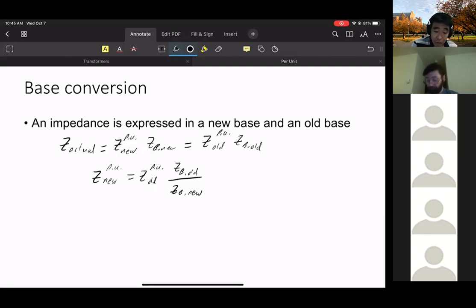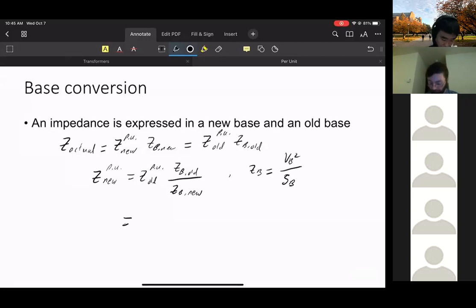But then we're not quite done yet. Remember, base units are never given for impedance, they're given in terms of power and voltage. So I need to convert this to power and voltage values. For whatever base we have, we always have this relationship.